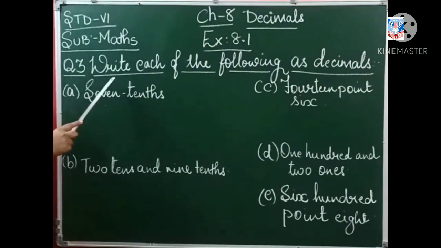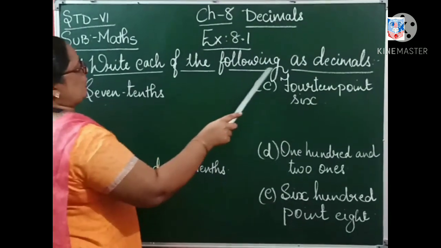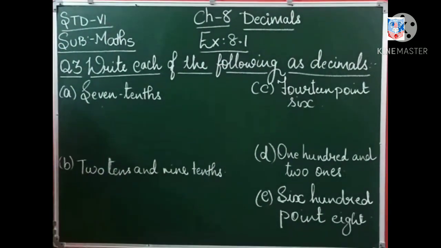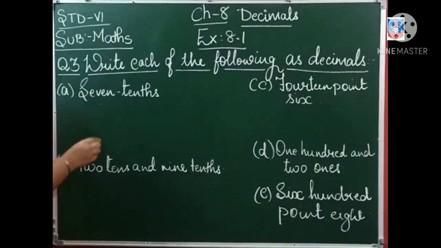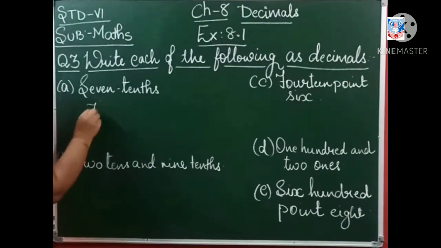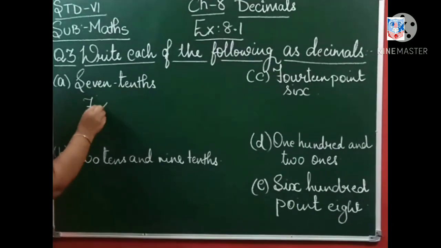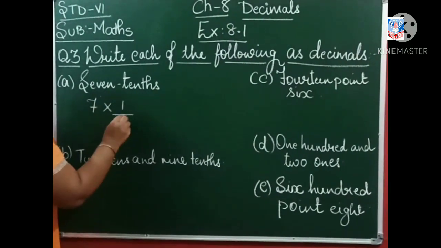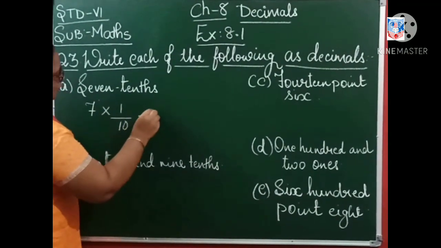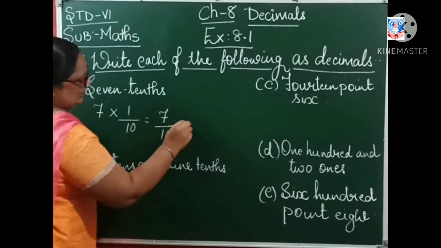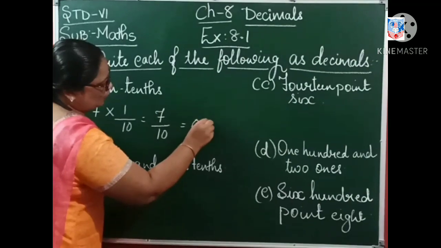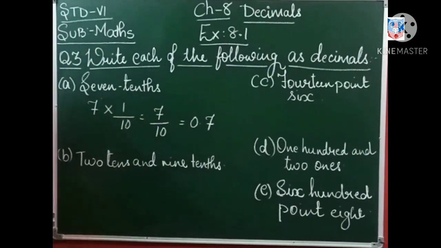Question number 3. Write each of the following as decimals. 7 tenths. How will you write this in decimal form? 7 tenths. So 7 into 1 by 10 is equal to 7 by 10 is equal to 0.7.